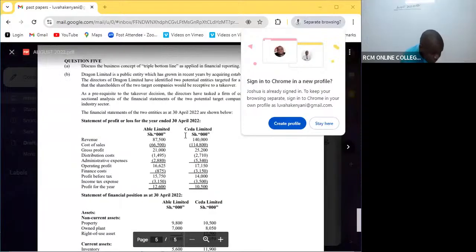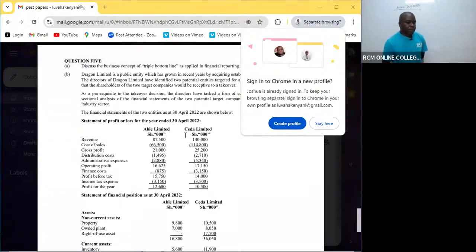It reads, Dragon Limited is a public entity which has grown in recent years by acquiring established business entities. The directors of Dragon Limited have identified 2 potential entities targeted for a takeover.